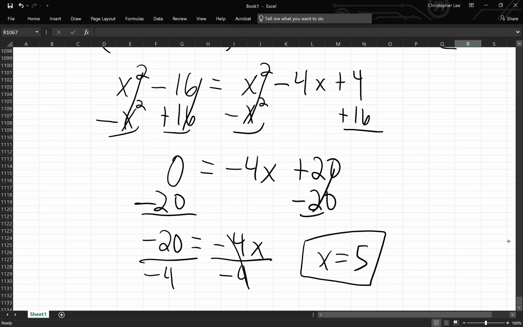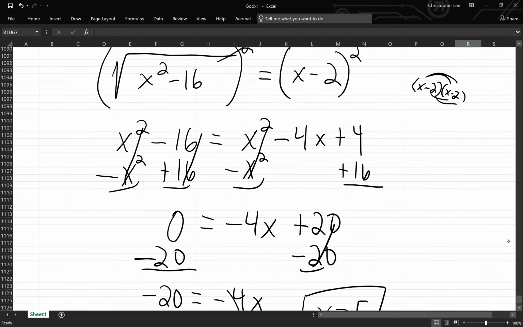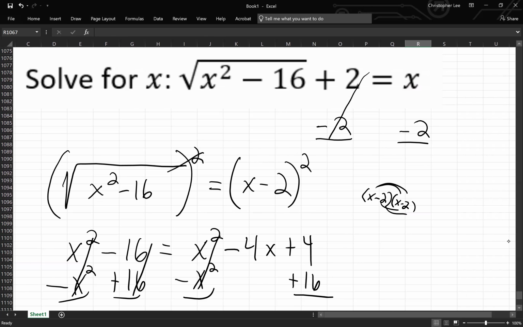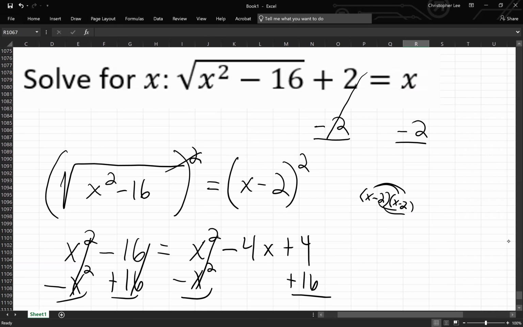By right, we should plug it in and verify that it works. Let's do that, right? So I have this equation up here. So this is my check.